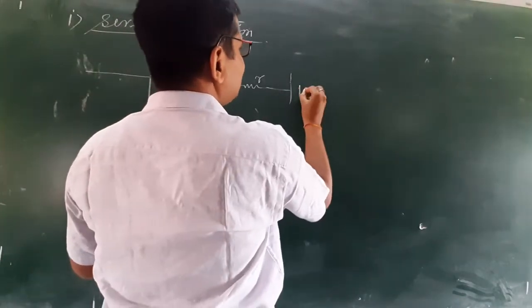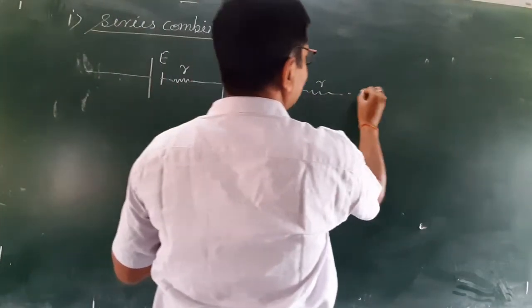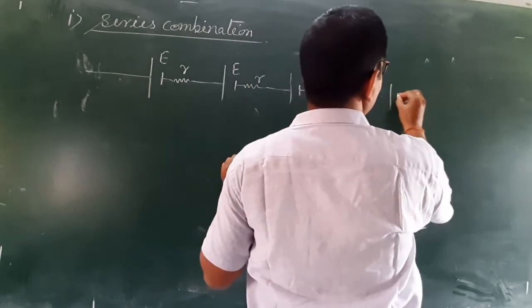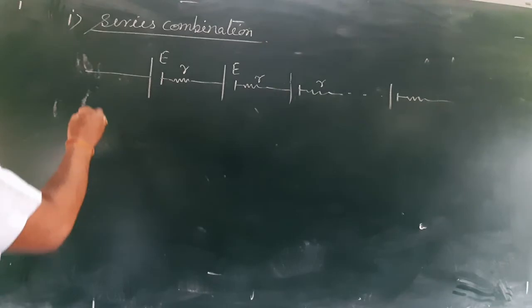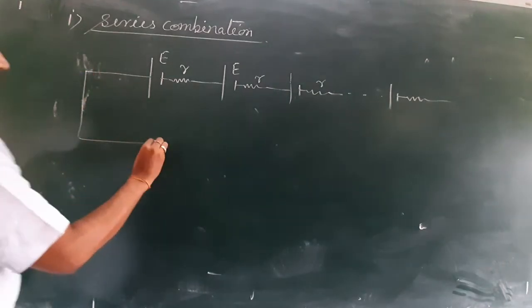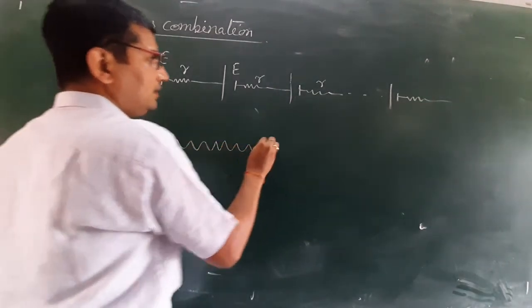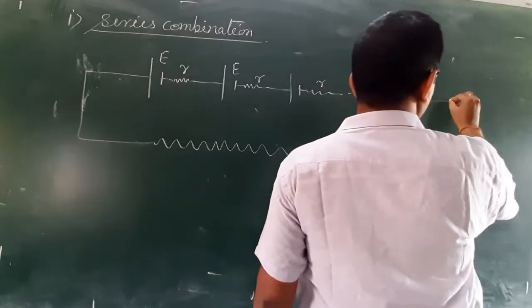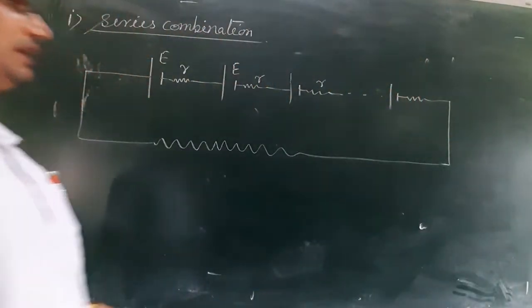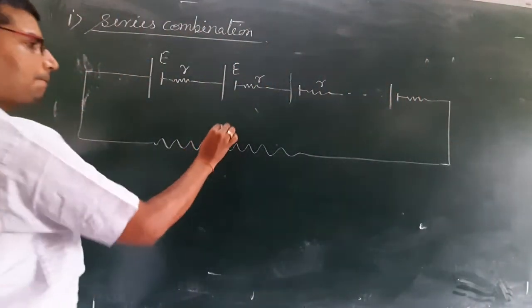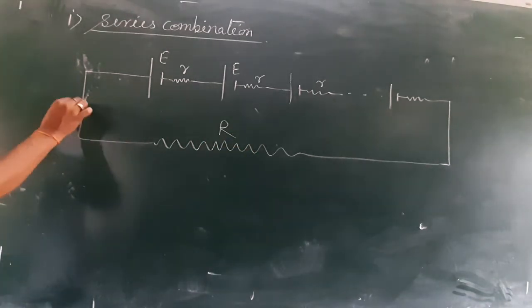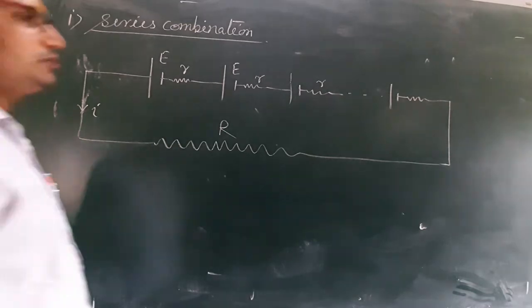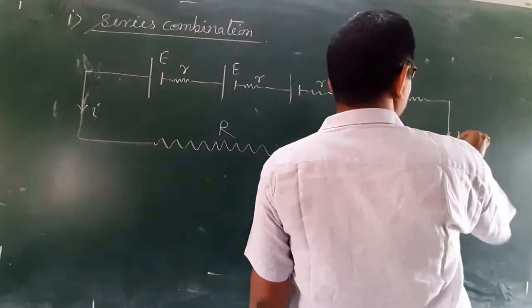These n identical cells are connected in series and then connected to the external resistance capital R. Now I am supposing a current I is flowing through this external resistance.